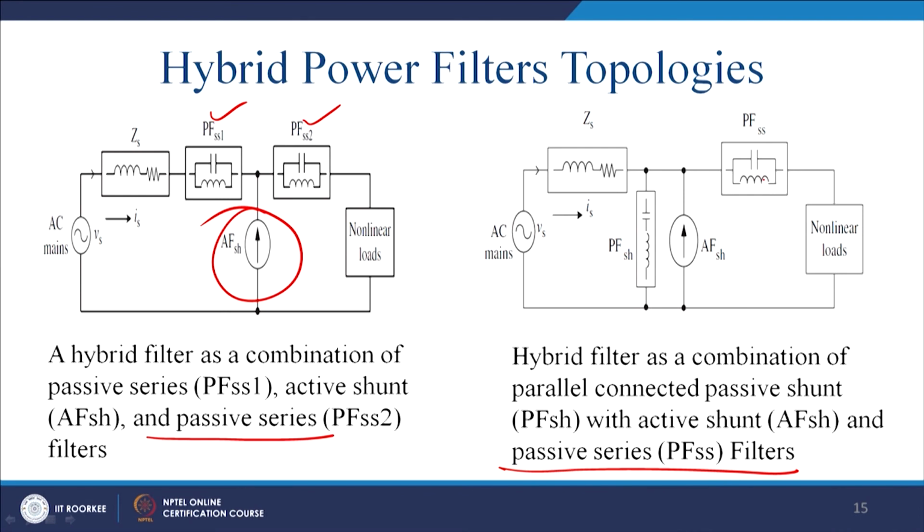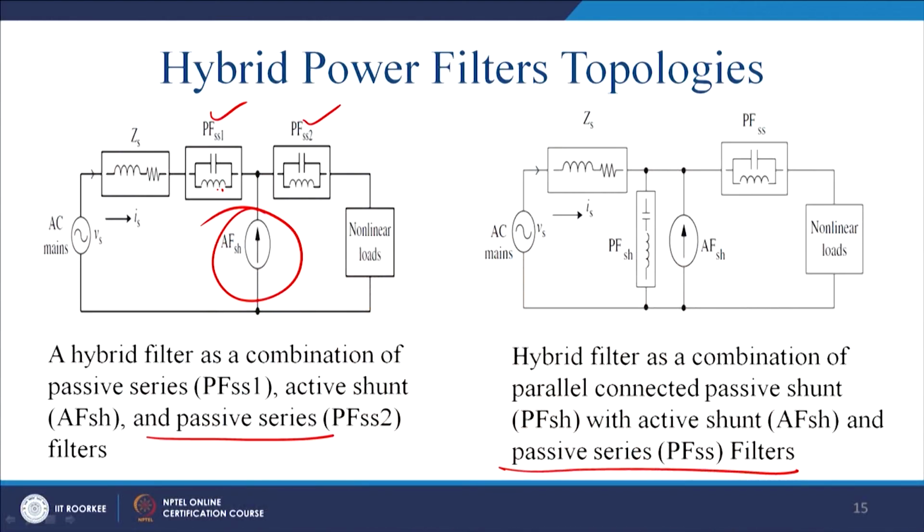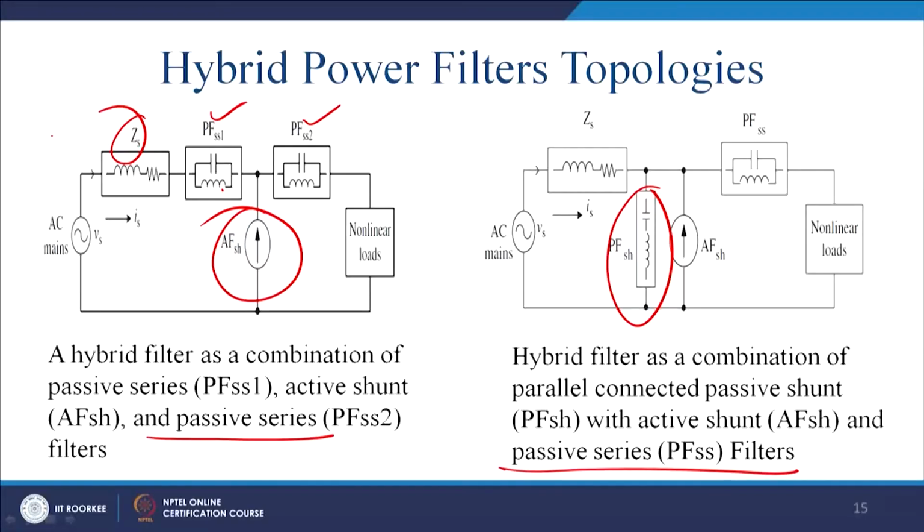So, you can see that this entity here will be shunted. So, you have both the shunt, and one series has been left. Here more importance is given to the series compensation, and here more importance is given to the shunt compensation. That depends essentially on your source inductance.